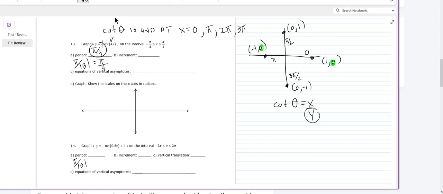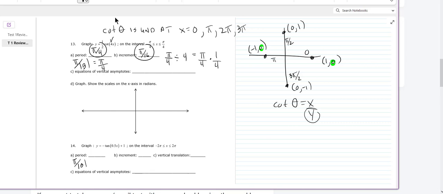That's how you find the period. The increment, you always take the period and divide that by 4, and that will tell you where the special points are on the x-axis. So this is going to be pi over 4 times 1/4, so that will be pi over 16. So that is how you're going to increment that.